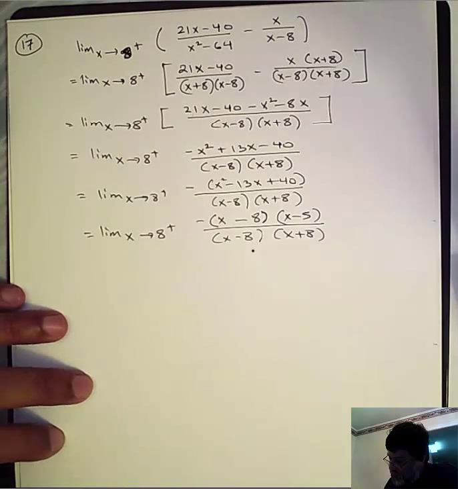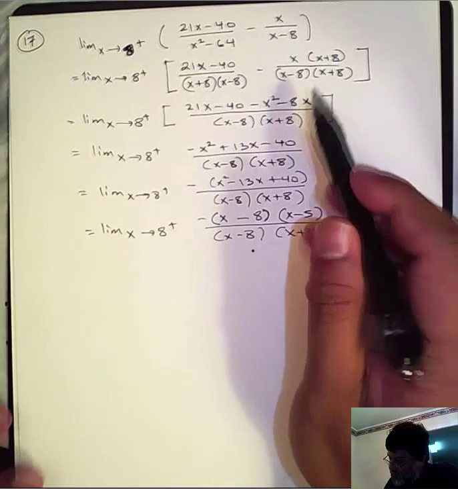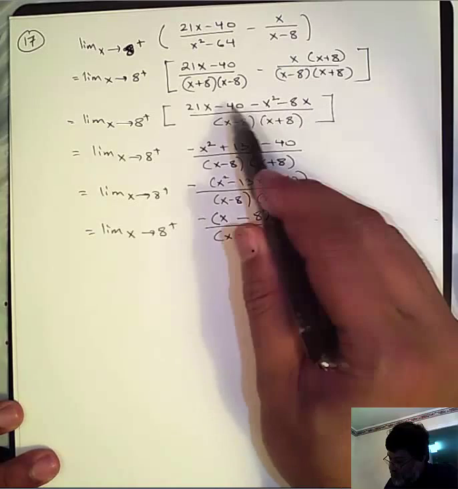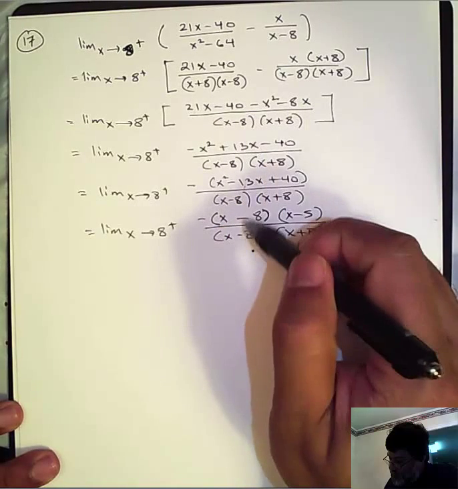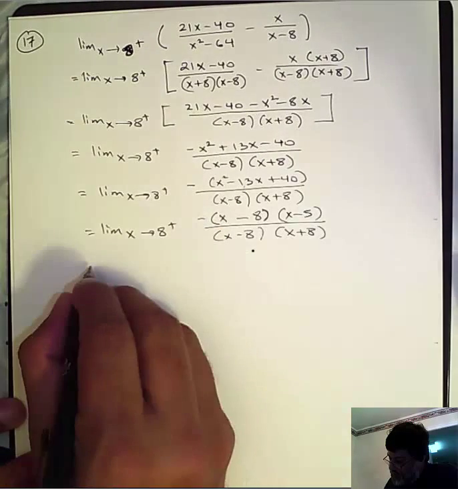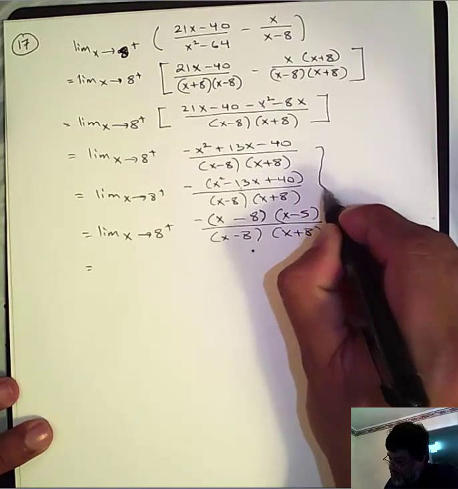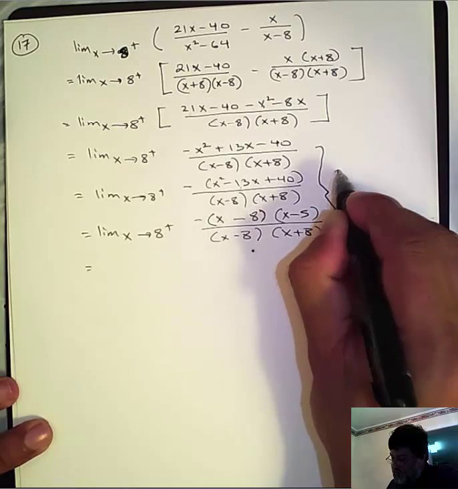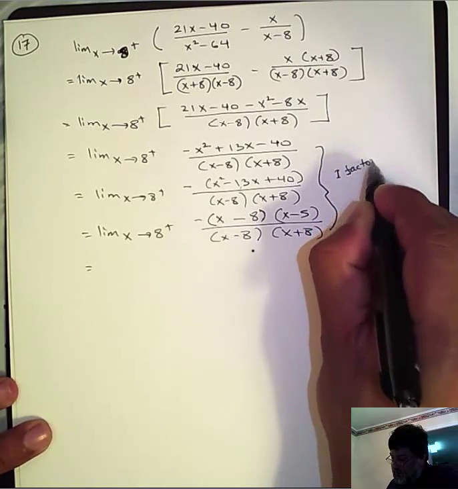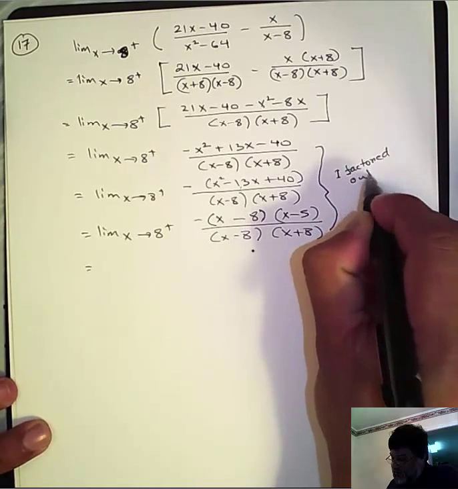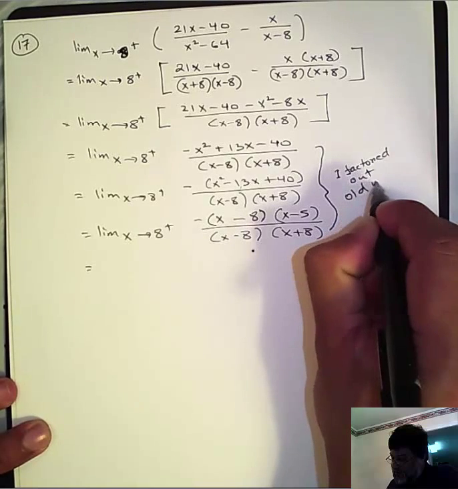Right? Or, if we wanted to, we could have actually taken the derivative here instead of factoring out here. Okay? So I'm doing both ways here. So from here, I factor it out. So this is the old way.